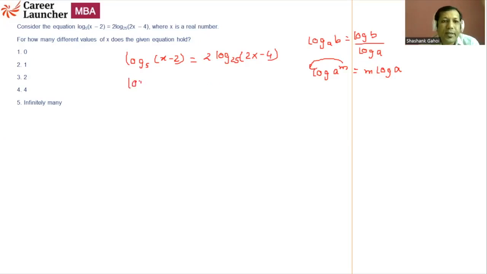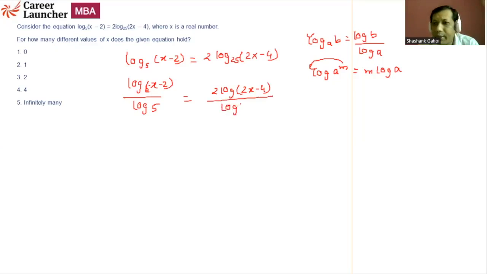So first one, I can write that log, some base, of x minus 2 upon log 5. Just using the first formula. That is equal to 2 times log of 2x minus 4 upon log 25. Log 25 can be written as log 5 square.